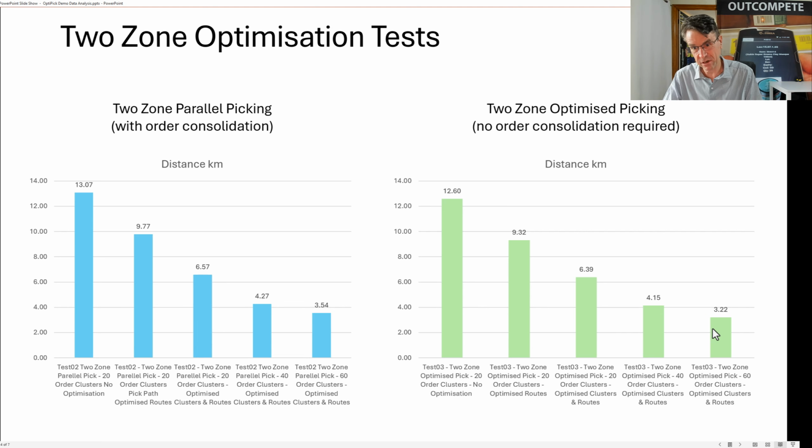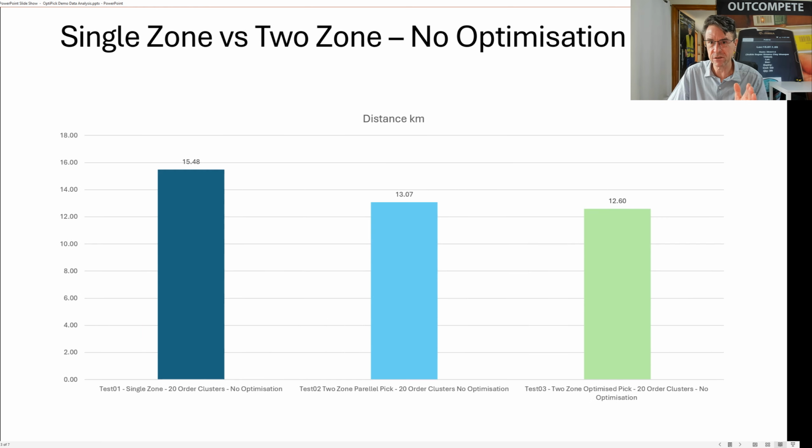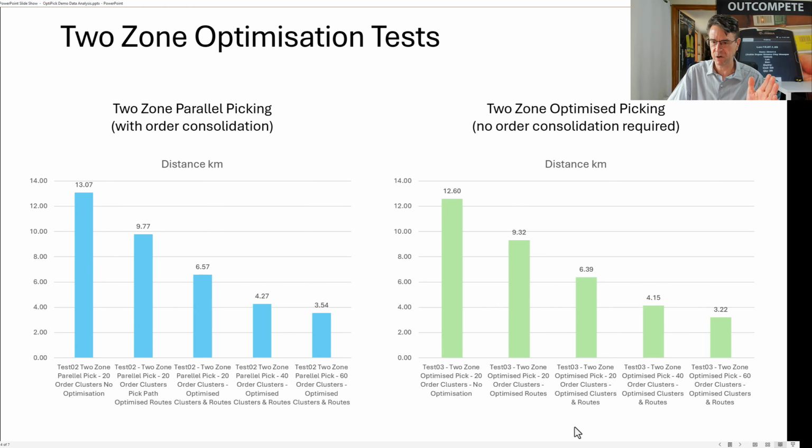That is absolutely achievable, I think in most cases for e-commerce where you're picking small things. So 3 kilometers versus 12.6, that is extraordinary. And if you compare that to the 15 that you started with, it's even more amazing. That is nearly as good as the 100 order cluster in the base case that we just looked at, right? Well, where are we going?